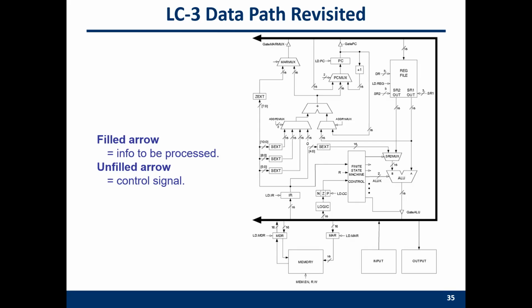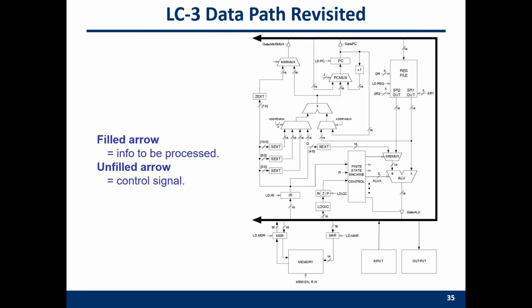We also have a control unit here. Besides this, we have a main memory. The memory can be accessed by 2 registers: one is the memory data register, the other is the memory address register. We also have input and output, including a monitor and keyboard.